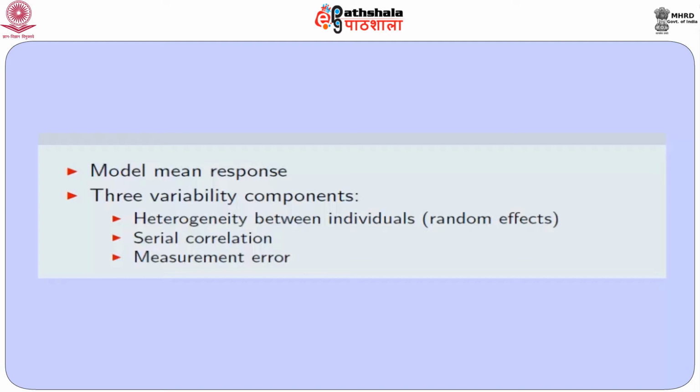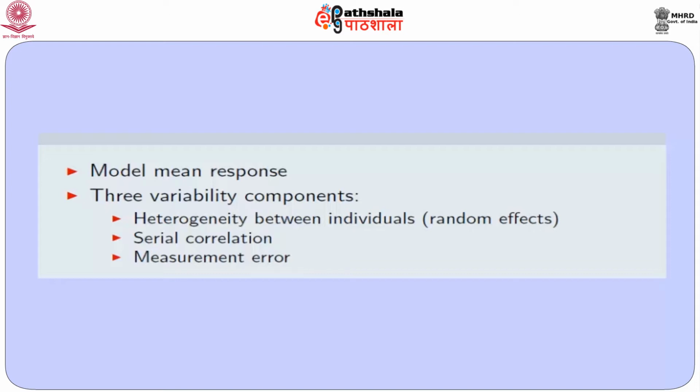Here, because we take multiple measurements on repeated individuals, there is a heterogeneity between the individuals, and these are typically called the random effects, and we can model them using a random effect strategy which would come much later in this course. But also there is something called serial correlation.